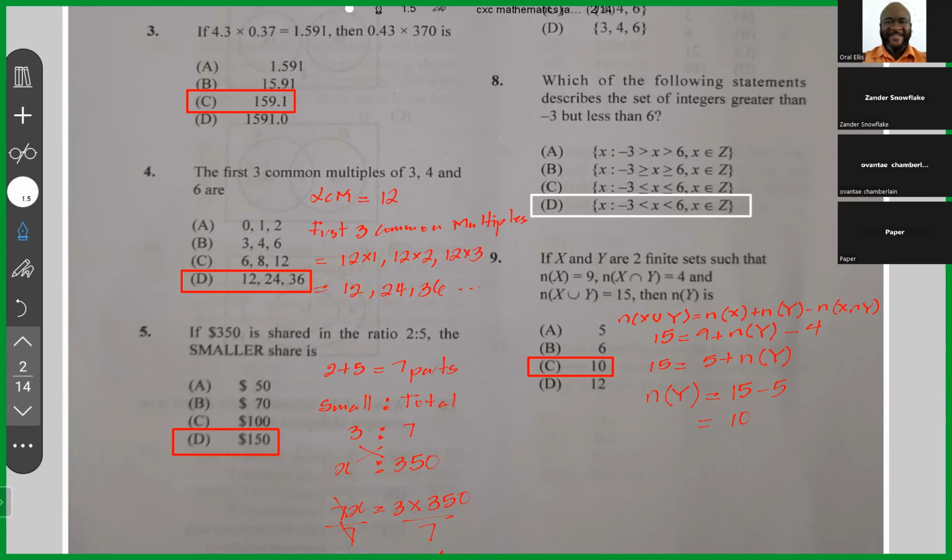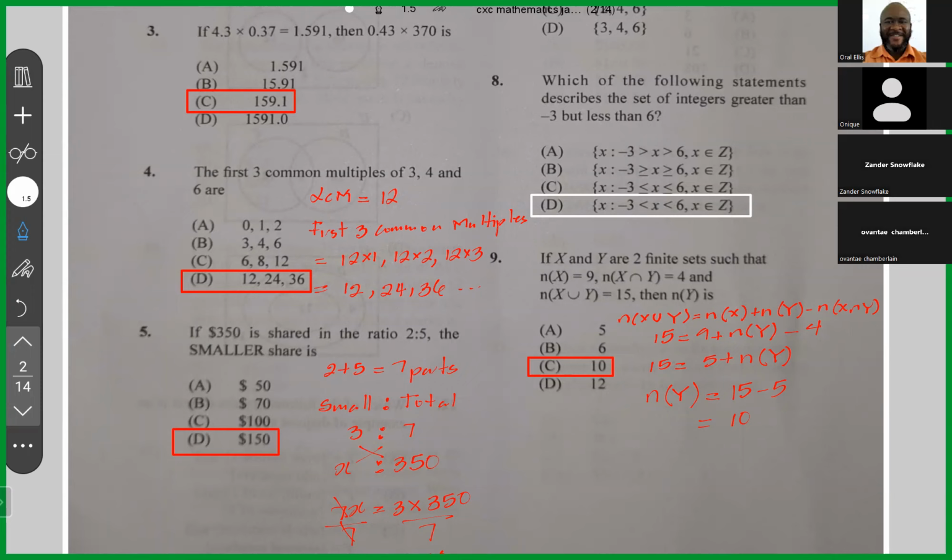The first common multiple is actually the lowest common multiple. What is the lowest number that 3, 4, and 6 can go into without leaving a remainder? Anybody? What is the LCM of 3, 4, and 6? 12. The LCM of 3, 4, and 6 is 12.